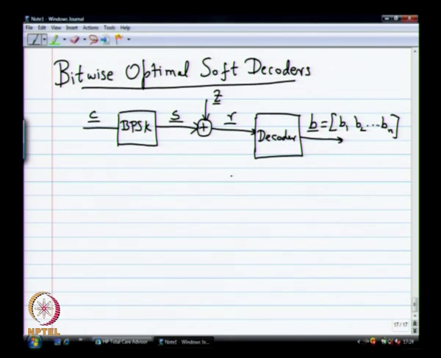My goal here is that I want to minimize, let us say C is C1, C2, Cn, I want to minimize the probability that Bi is not equal to Ci, let us say for each i.